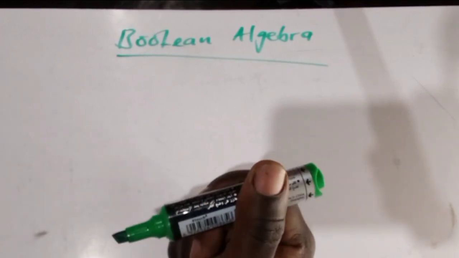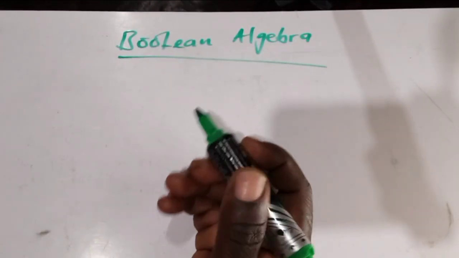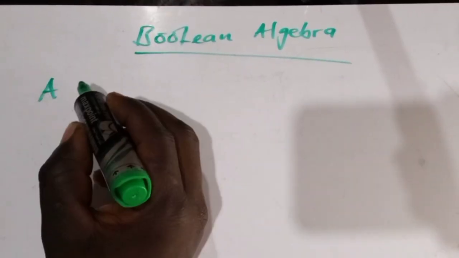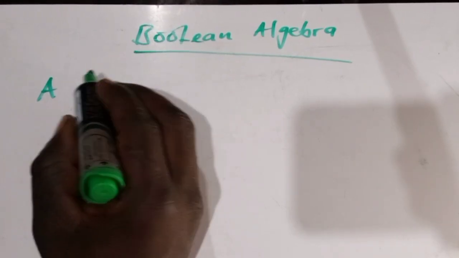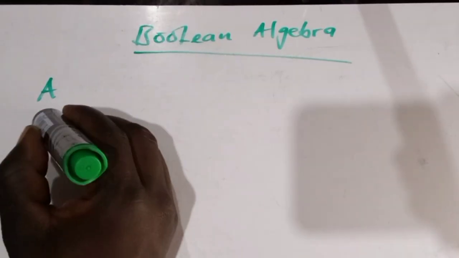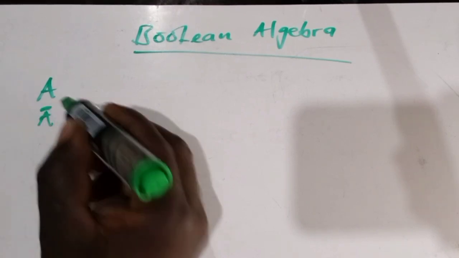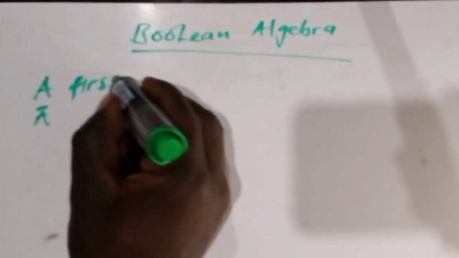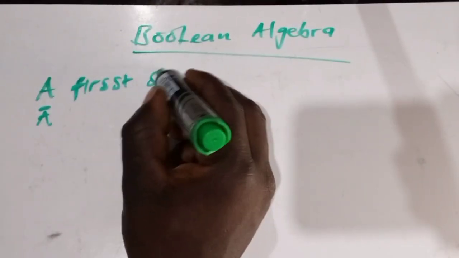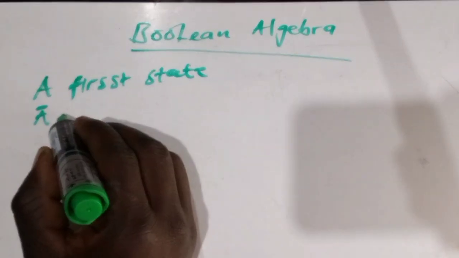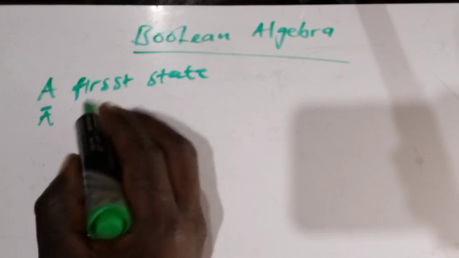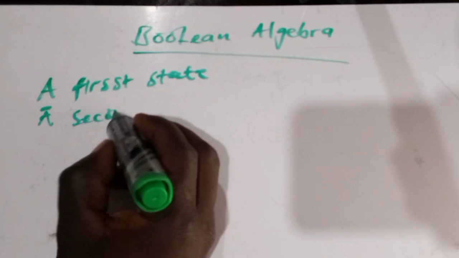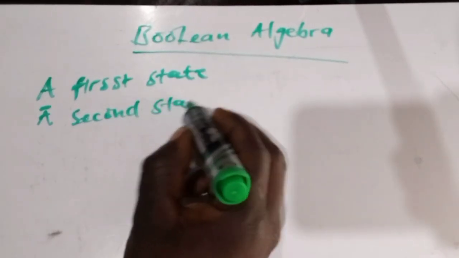And in Boolean Algebra, there are some steps which you should follow. There is a state which is A. A represents the first state, and A bar represents the second state.